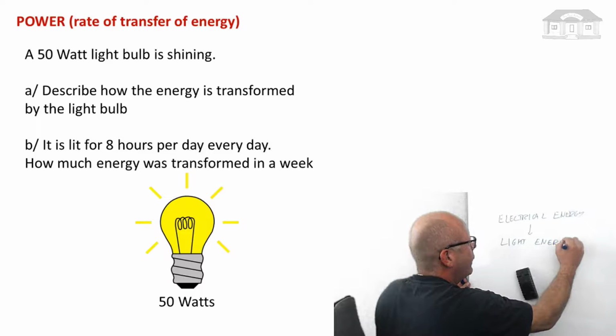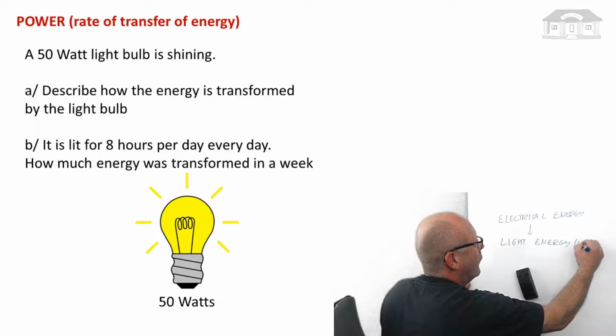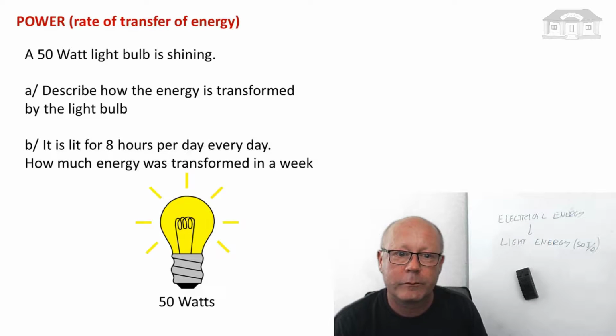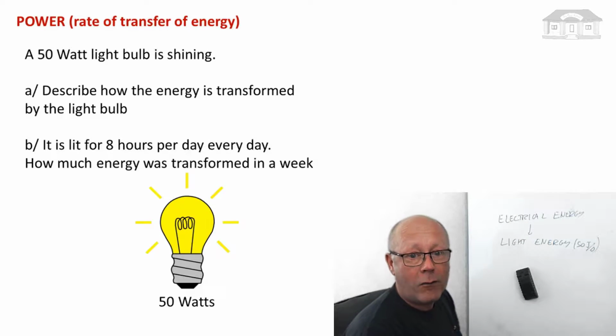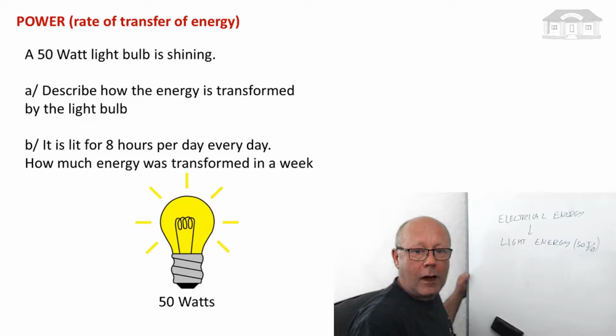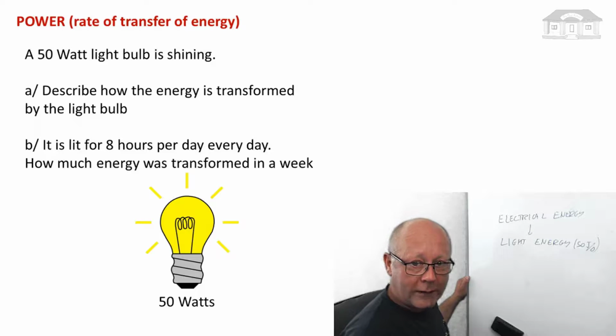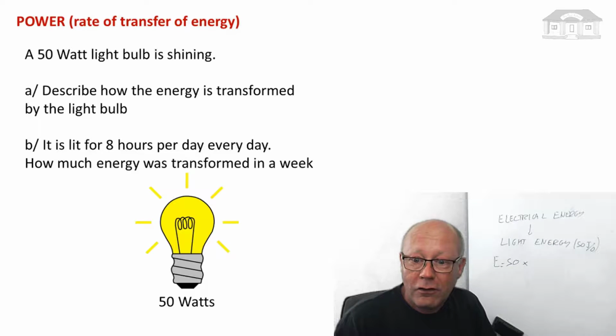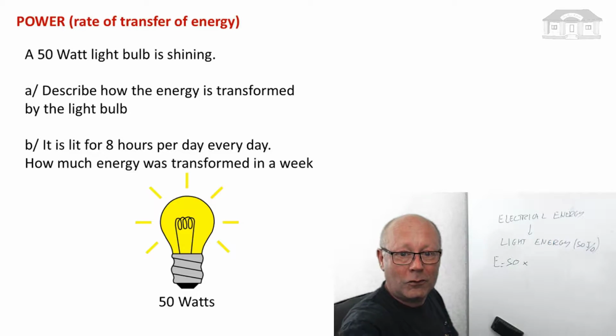And every second, there's 50 joules per second of light, which is provided by the bulb. So if it is lit for 8 hours per day every day, how much energy was transformed into light energy in a week? You would take 50 joules multiplied by the number of seconds that correspond to this period.